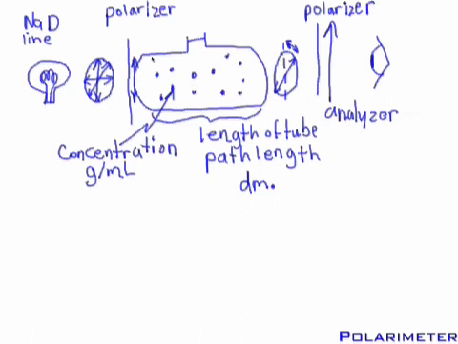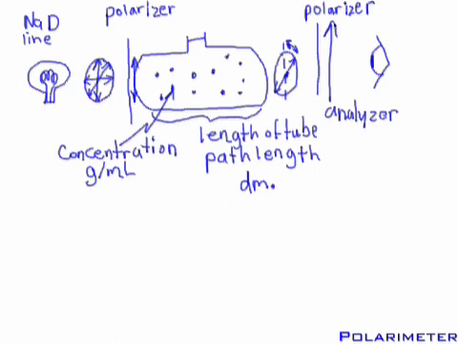Then we put molecules in the solution of known concentration. We know the tube path length. And we pass it through, and the light rotates this time. And we've marked on our filter where it was the darkest point. You could equally mark the brightest point as well. And then you turn to the same effect again. But this time the polarizer will turn to a new position to block completely the light of the rotated angle.